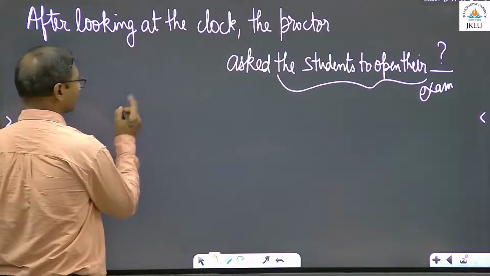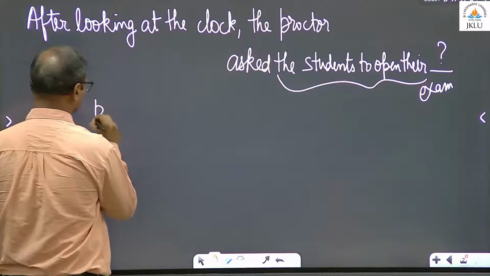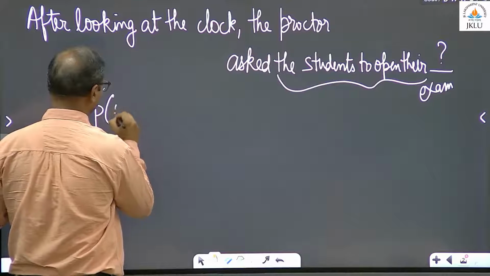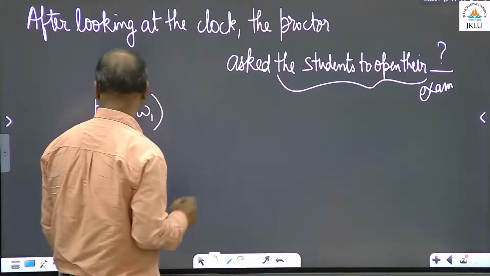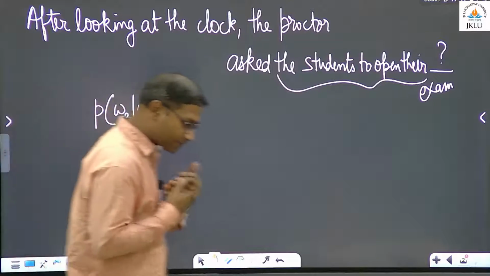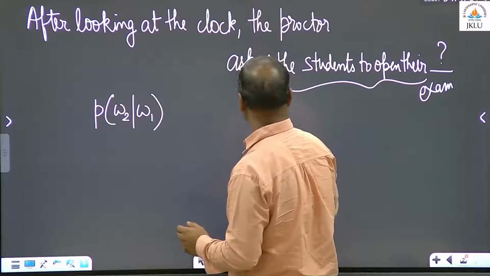How can I write this? The probability of second word given first word. So what will be the probability of a sequence?